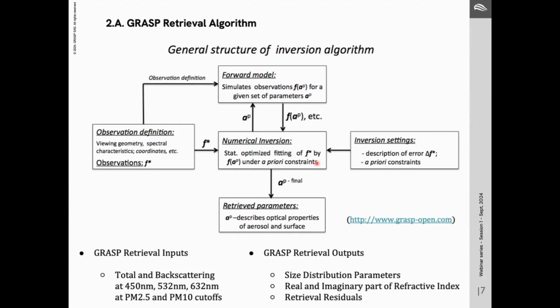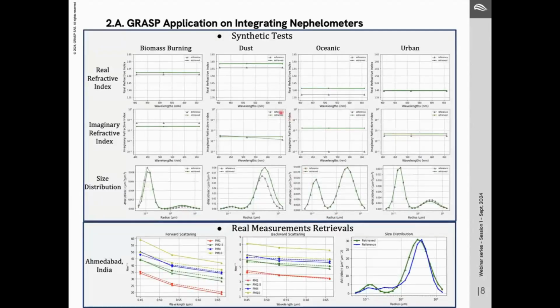For example, here, the green line is what we input in the forward model, and the other line is what we got from the retrieval. This way we can have a direct comparison between input and output and know the limitations and capabilities. This helps us a lot to understand the data if we don't have the data yet, or if we just want to test the capability of the instrument.